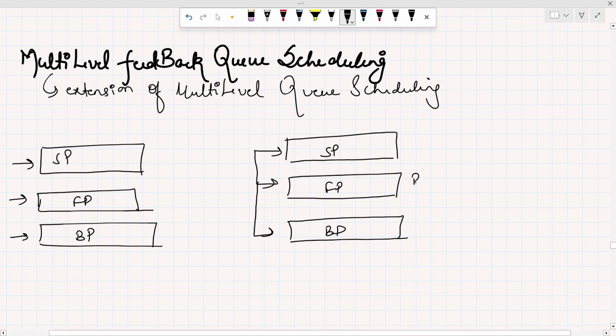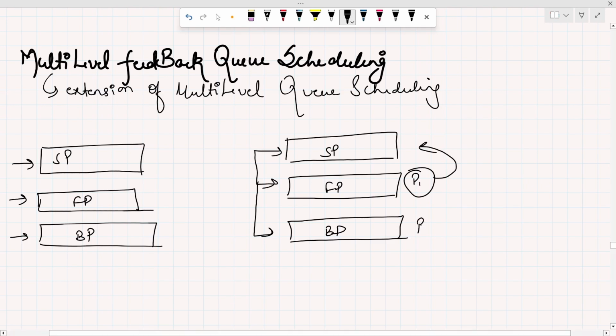Let's say process P1 is in the foreground queue, but it sees that the system queue executes processes earlier and better than the foreground queue. So P1 shifts from foreground to system.